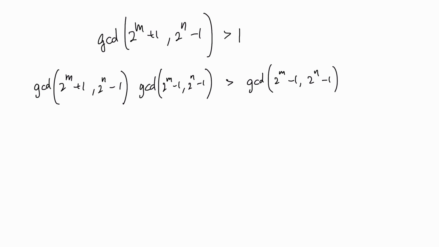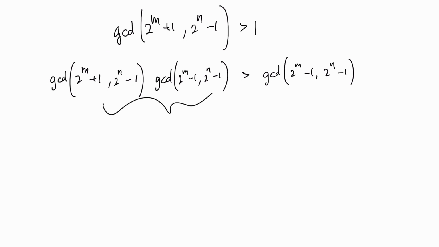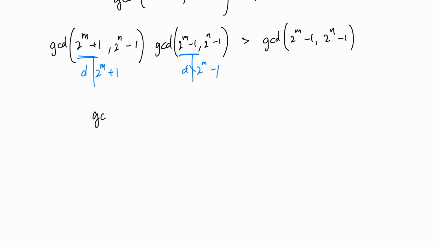And now, how do we combine these two? Well, we know that the greatest common divisor of 2^m + 1 and 2^m - 1 is 1, which means that if there is a divisor d that divides 2^m + 1, then it would not divide 2^m - 1. So we could simply combine the GCDs.